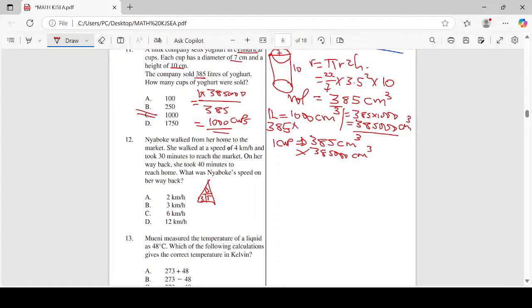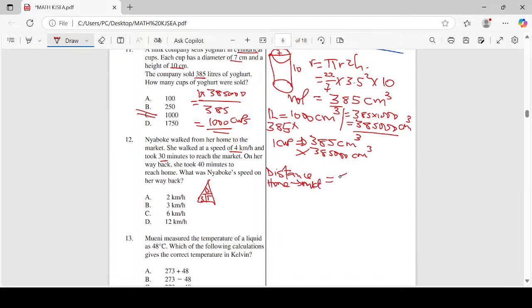She walked at a speed of 4 kilometers per hour and took 30 minutes. So, if she walked at a speed of 4 kilometers per hour and took 30 minutes to the market, let's get the distance between home and market.